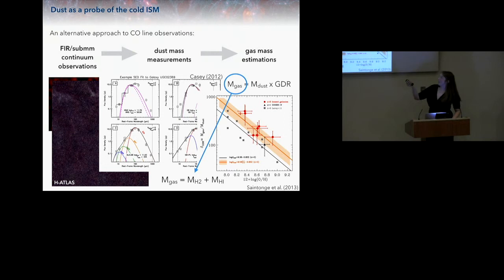I'll save you the detail, but how you go from the simple measurement to a dust mass measurement and a gas mass measurement is still highly uncertain, right? At the moment, mostly we rely on the assumption that all dust in all galaxies across all time is exactly like dust in the Milky Way galaxy, which, as a starting point, is not an unreasonable thing to do, but clearly something we need to refine.